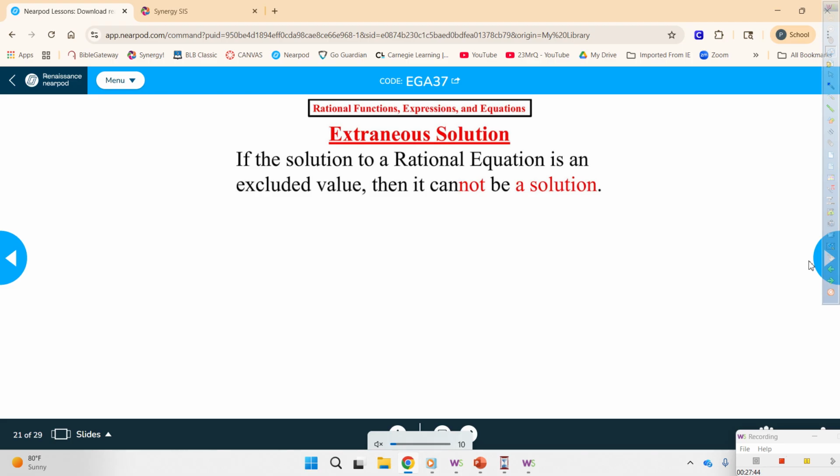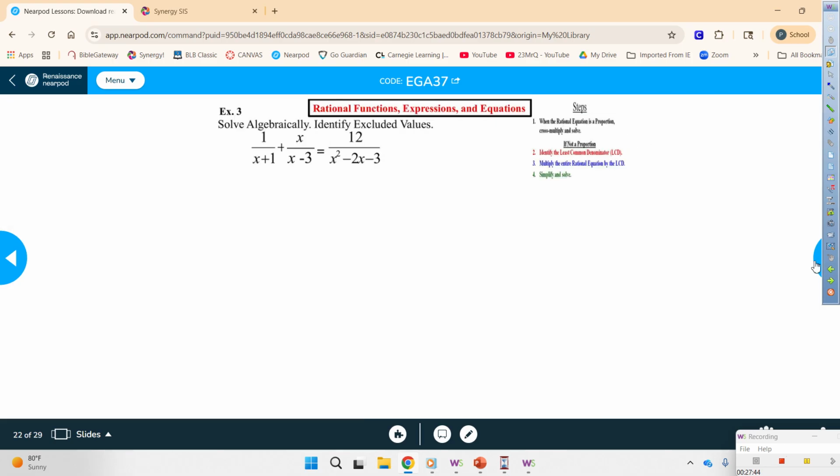So if you solve the equation and it says, let's say it's x equals 23, and then you get the denominator, set them equal to 0, find the excluded value, and one of the excluded values is 23. Can you use 23? No, that's what we call extraneous solutions. You're like, oh. So, let's do one of those.